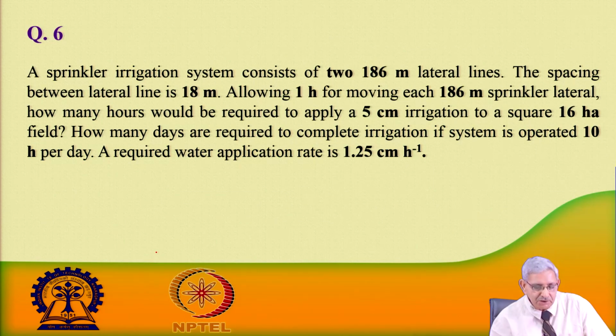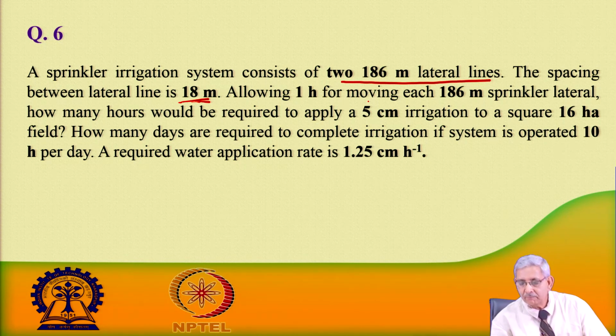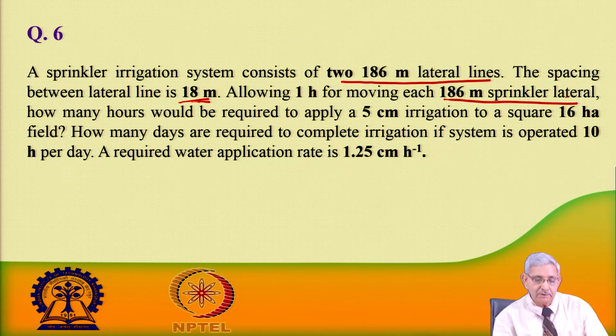Now, in question 6 we are given a sprinkler irrigation system consisting of two 186 meter long lateral lines. The spacing between lateral lines is 18 meter, and 1 hour is allowed for moving each 186 meter long lateral pipeline.